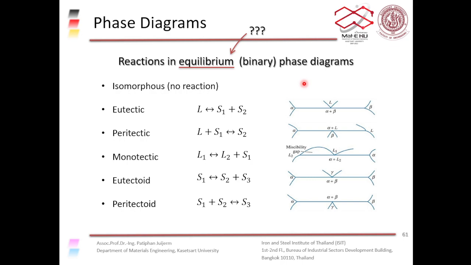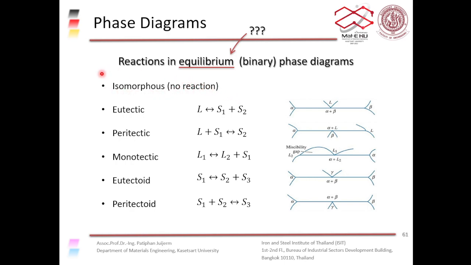Okay, so in phase diagrams, there are different reactions that occur at equilibrium, right? And we'll look at different reactions, right? In the first case, the phase diagram is called an isomorphous phase diagram, or binary isomorphous phase diagram, when you don't have any reaction.